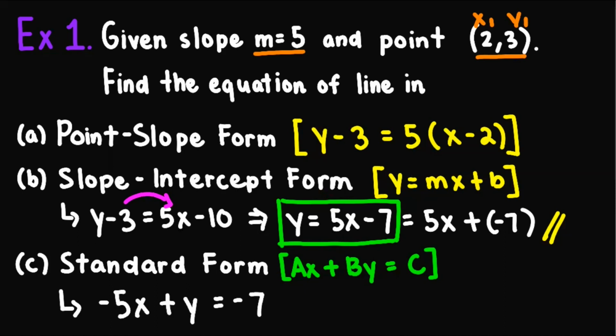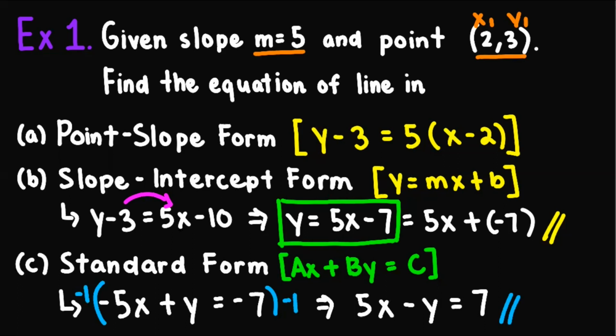Again, the coefficient of x must be positive. Therefore, we multiply -1 to both sides to obtain 5x minus y equals 7. And this out here is our answer.